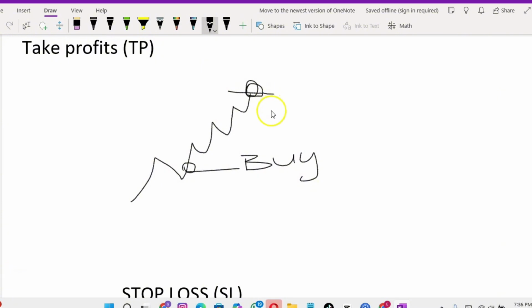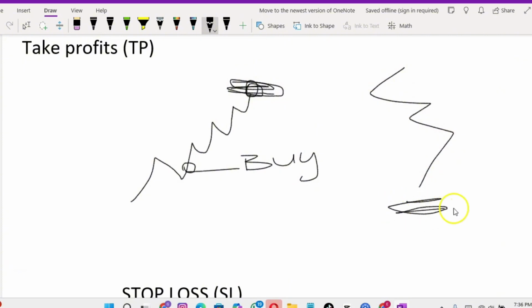Now, if you are buying a currency, your take profit has to be up. If you are selling, your take profit has to be down, right? It's easy as that. Let's say, for example, you sold somewhere around here, you are selling a currency.